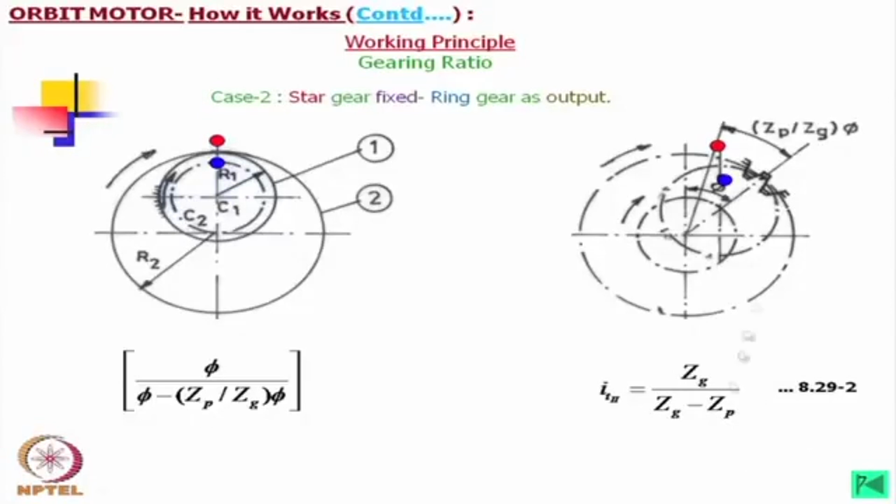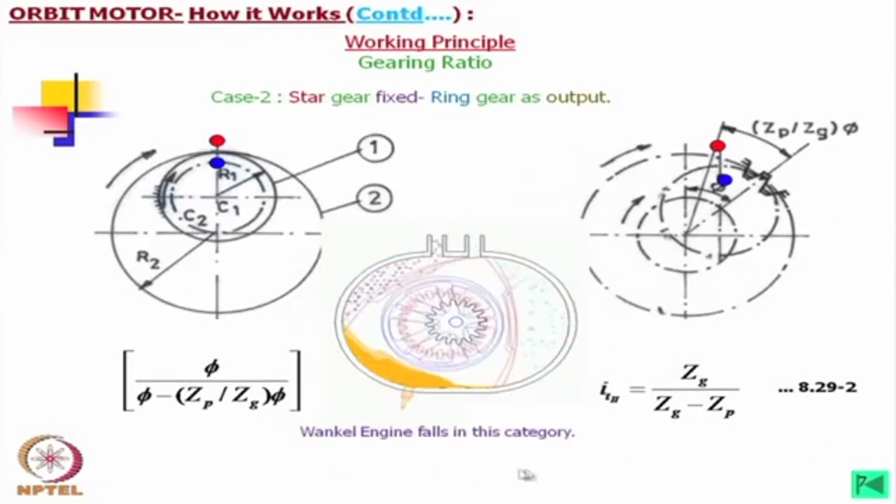And in the case of harmonic drives, you will find this difference is normally 2. So, if it is 100, then this will be 50. As in the first example I told you that this Zp is 100, so this is 102, so this will be 51. Okay.